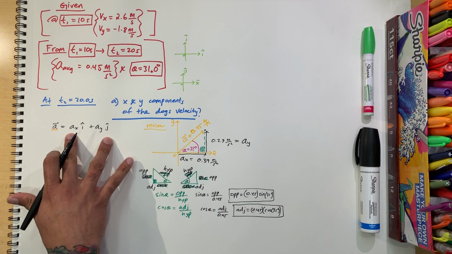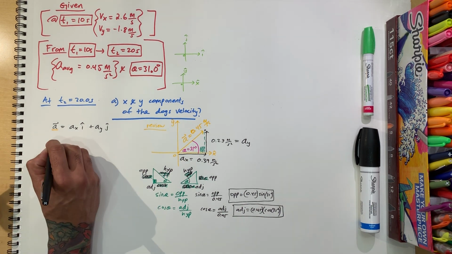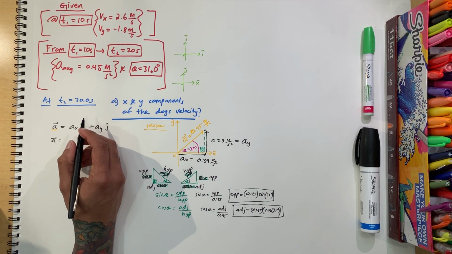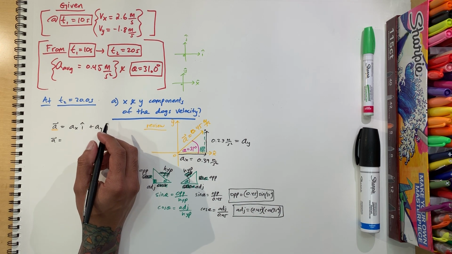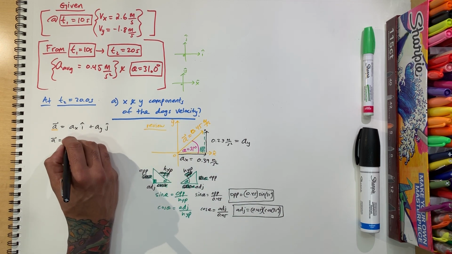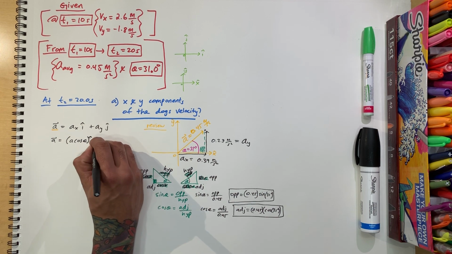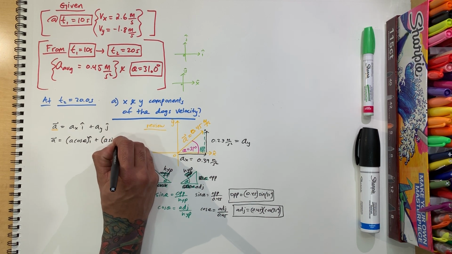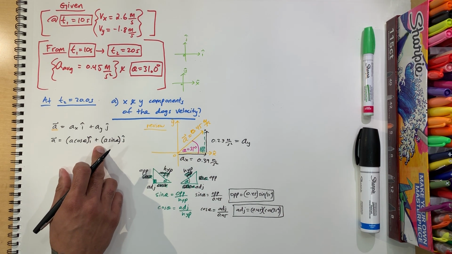Now let's write it in, and we're going to put a vector. Instead of putting the numbers first, AX is a cosine theta i hat plus a sine theta j hat.